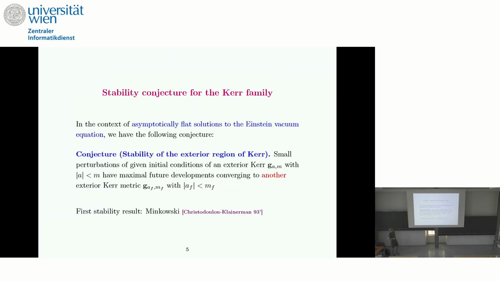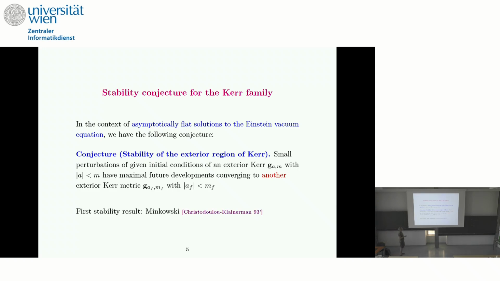And now I can finally state the stability conjecture for the Kerr family. So let me recall that we're in the context of asymptotically flat solutions to Einstein vacuum equations. And then you have the following conjecture, which first of all, you should notice is not the stability of the entire family, but just of the exterior region, which is the exterior of the black hole. Okay? So the interior of the Kerr black hole, on the other hand, is expected to be unstable.